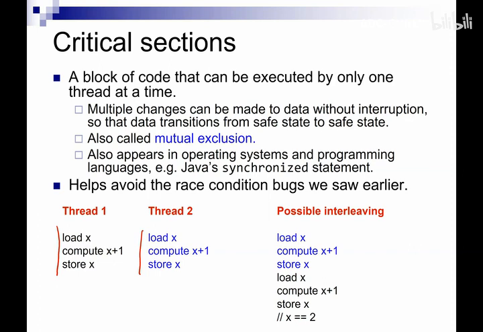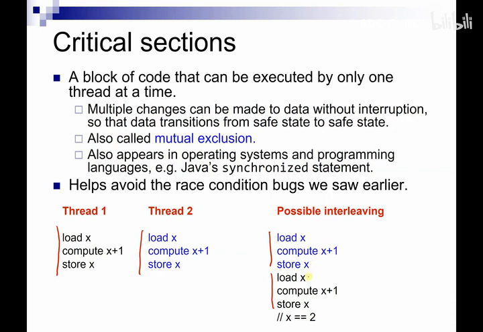If this piece of code was actually in a critical section, when you run these two threads together, what are the interleavings that you could get? For example, you could get an interleaving where thread 2 does this entire piece of code, and then thread 1 does this entire piece of code. In that case, the value of x is correct at the end. Here you load x, you increment it to 1, and then you store 1.